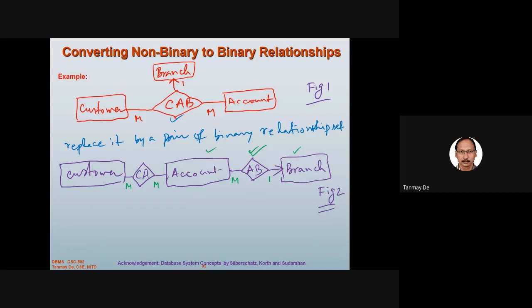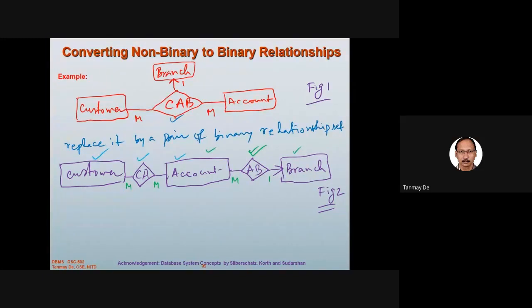and this CA relationship is associated with the customer and account. Customer and account, these are many to many, which means a customer may have, what is the meaning of that? That is, this relationship is associated with the customer and account.